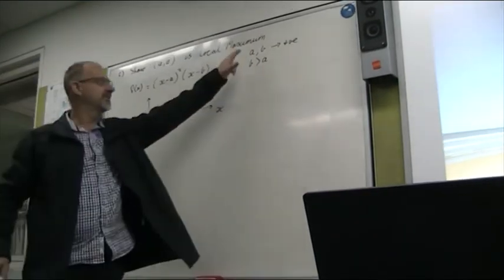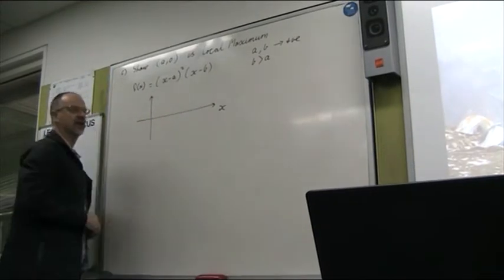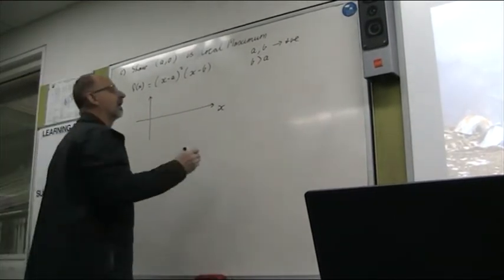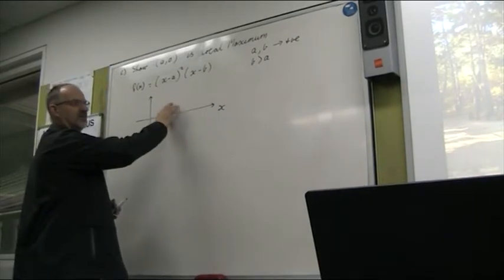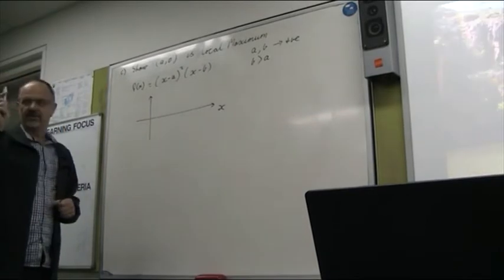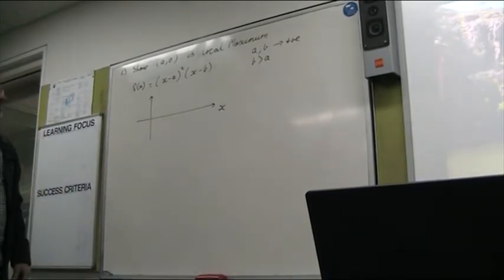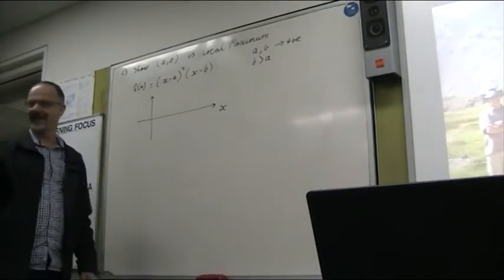We know A and B are both positive, so A and B have got to be up here. B has got to be bigger than A, so if A is here somewhere, B's got to be up there somewhere. There's one other thing about A and B. Anyone tell me what that one other thing about A and B is?